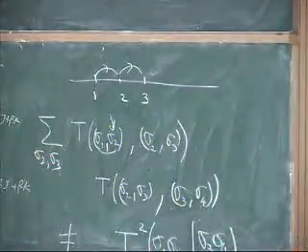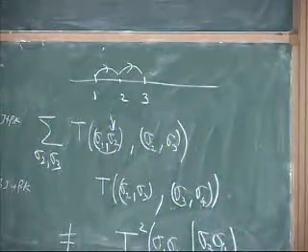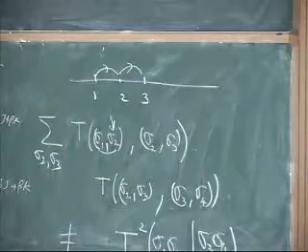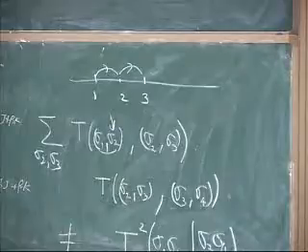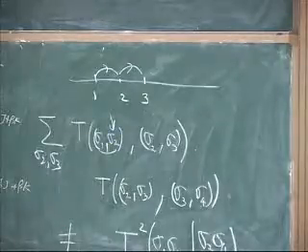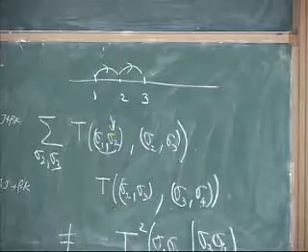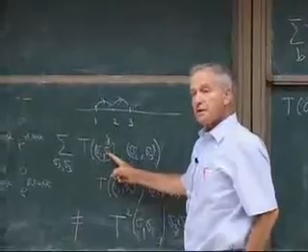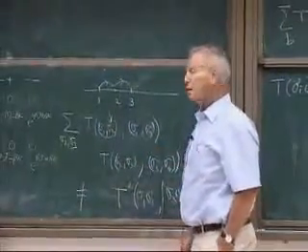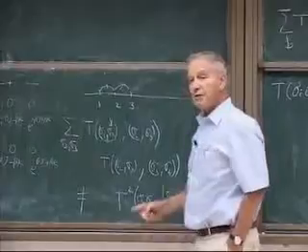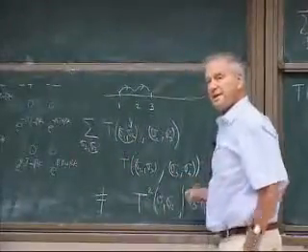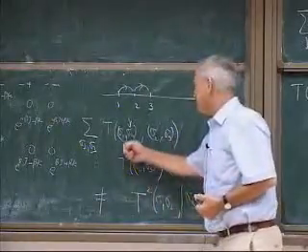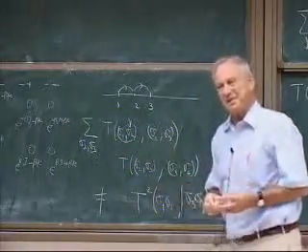The matrix product should be of the form T, A, B, T, B, C, sum on B. And A and C are fixed. That's a matrix product. Here, when you sum on sigma 2, sigma 3, A is not fixed. But still, whatever you get, you cannot take the power of this matrix because of this structure. Such a structure is not a matrix product.